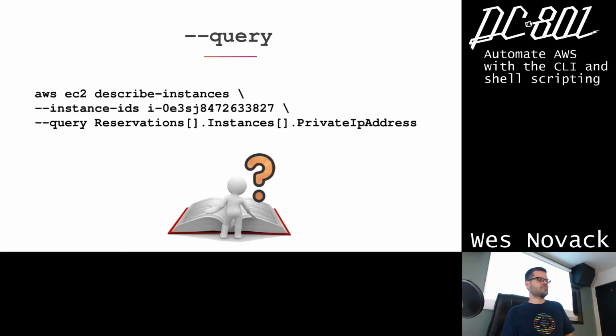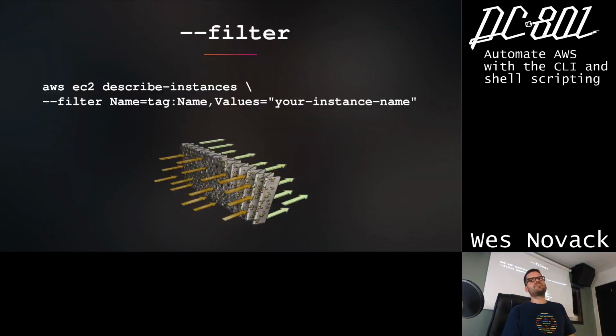Okay, let's talk about query. Again, this is similar to the filter. Oh, one more thing about filter. Various subcommands in AWS have different levels of support for filter. Some of them only allow you to filter on maybe one or two pieces of metadata that an AWS object might have.